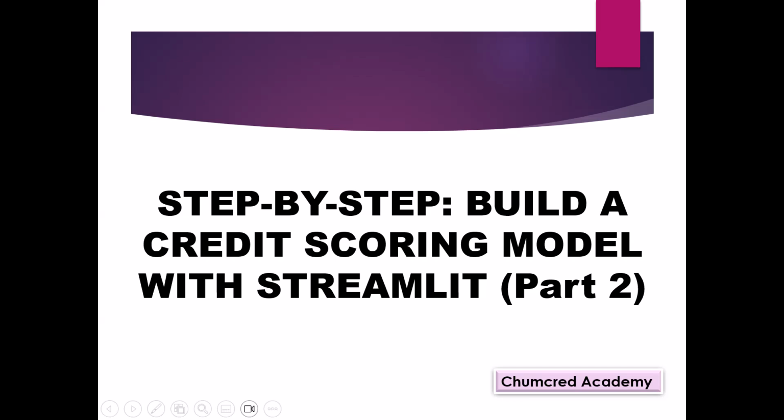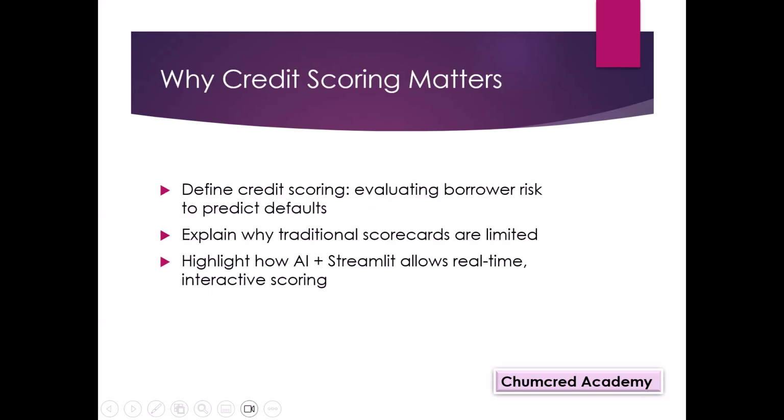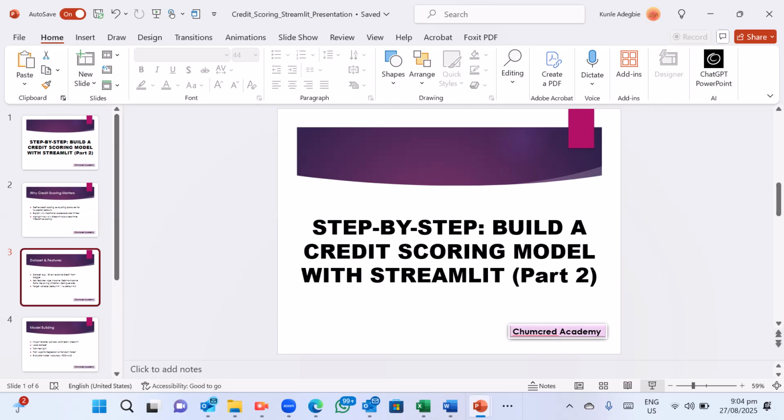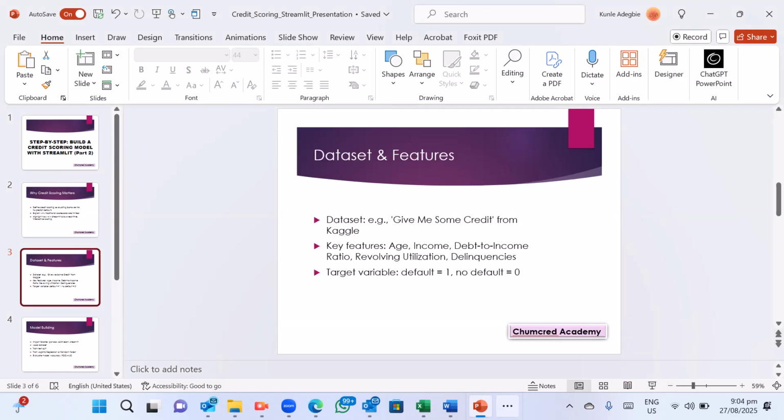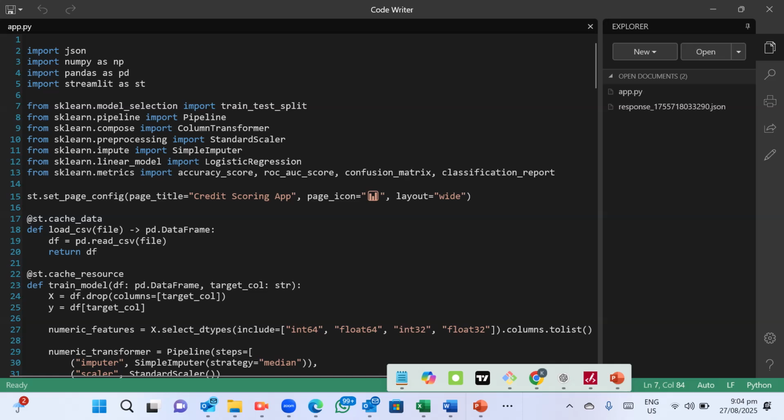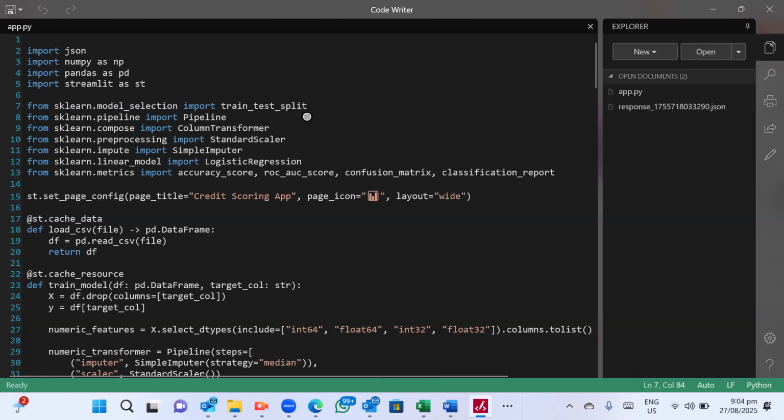So let's move on. As a recap, I will show us the code that we built to achieve this. This is the Streamlit code. It's a Streamlit Python code. We started by importing all the dependencies, that's the libraries. From there, we moved on to data loading.